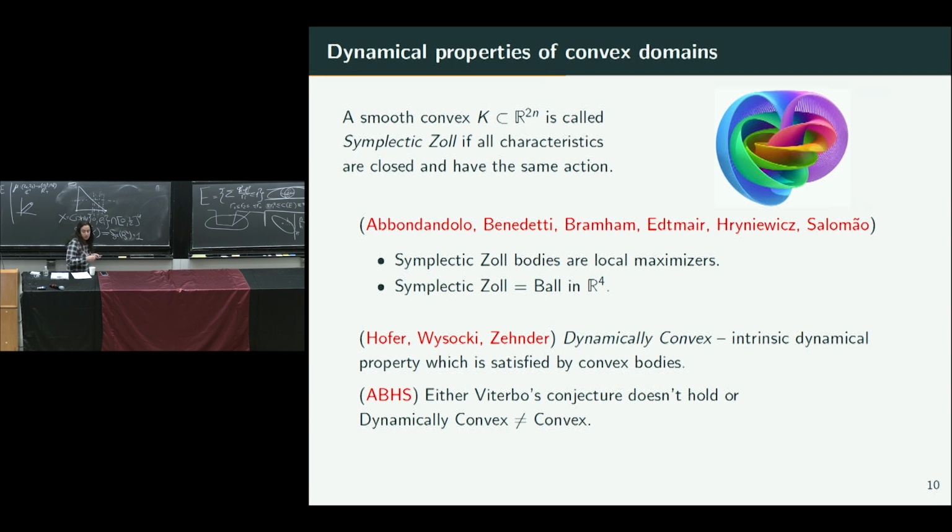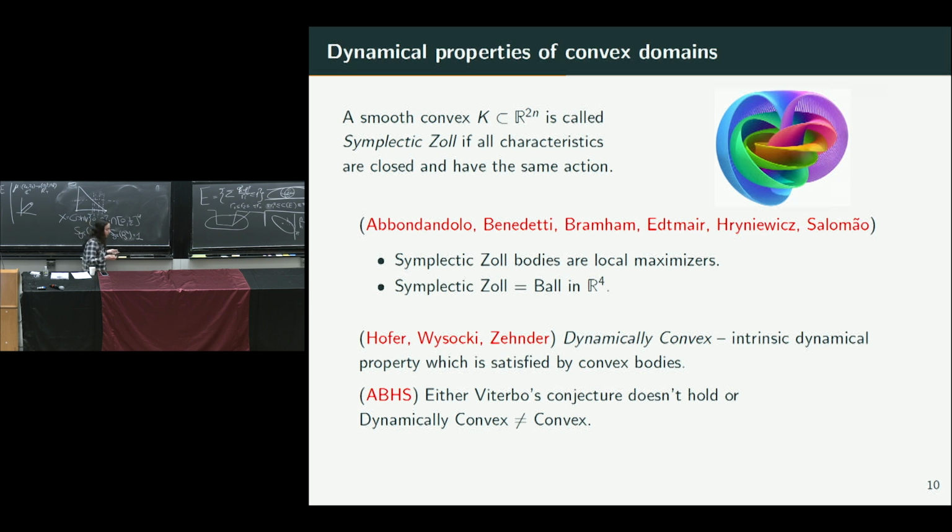But then Abbondandolo, Bramham, Hryniewicz and Salomão constructed an example which is dynamically convex and has systolic ratio 2, so bigger than the ball. So this means that there is a dynamically convex example which violates the Viterbo conjecture.